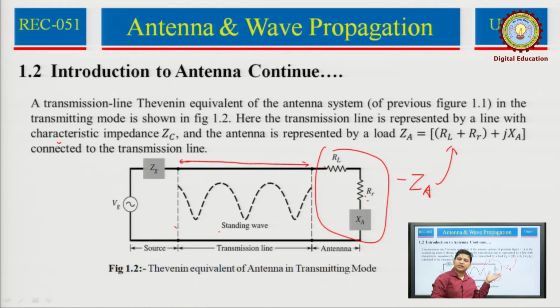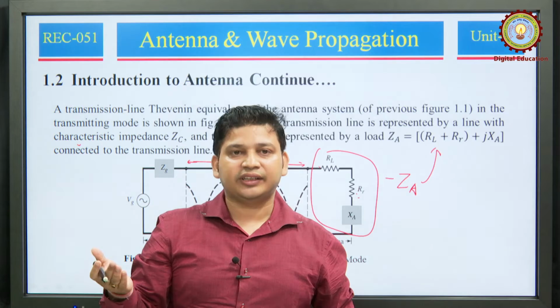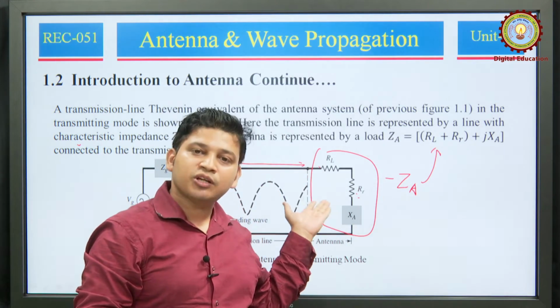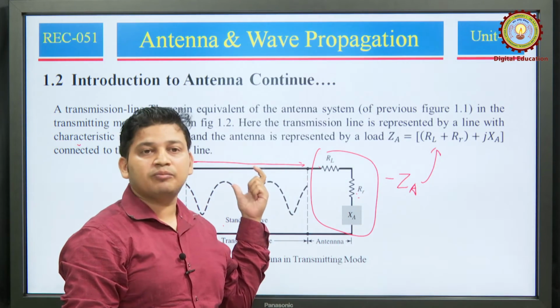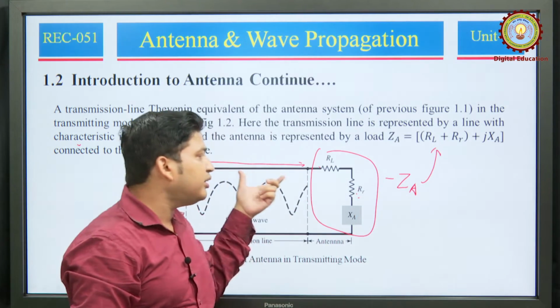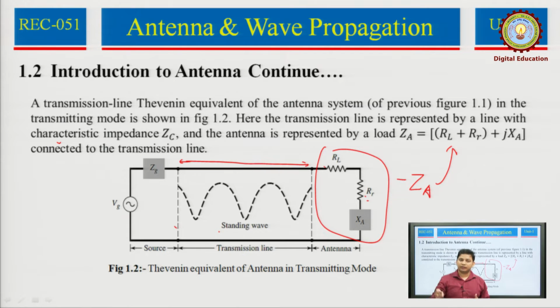For maximum power transfer, the overall impedance ZA must be perfectly matched, but in most conditions it is not possible due to the open space condition, which is termed free space, as well as inherent properties of the material itself. So, there is a slight mismatch between these two values, and this mismatch leads to the leakage of energy in terms of electromagnetic wave.